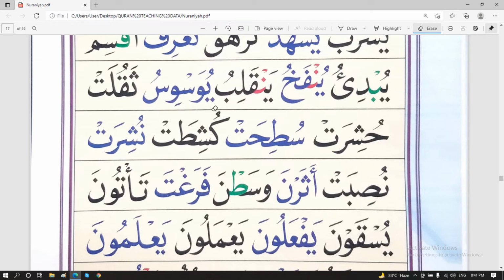يا نون فتحة ين قاف فتحة قا لام كسرة لي با ضمة بو ينقلب. يا ضمة يو واو سين فتحة وس واو كسرة وي سين ضمة سو يوسوس.